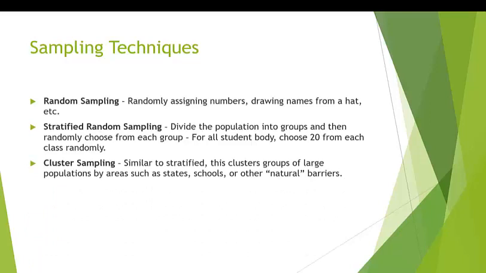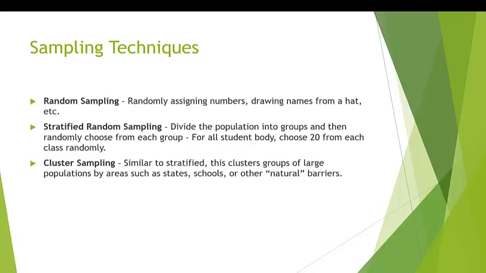The next way is very similar to stratified random sampling. It's called cluster sampling. And this, we're going to cluster groups around natural barriers here. So a common thing would be to say we're going to do this by states or by schools. We could do it by buildings.